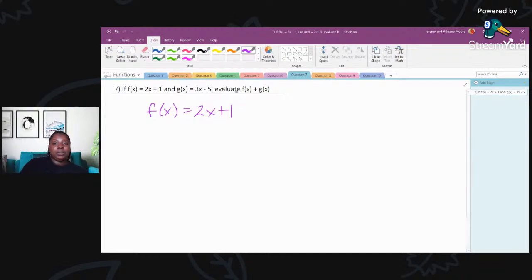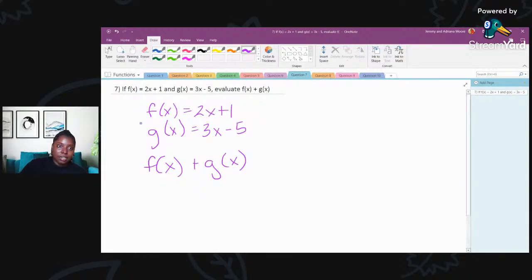F of x is 2x plus 1, and g of x is 3x minus 5. And they say, what is f of x plus g of x? So what are we going to do? We're going to add these two together. That's it. So instead of f of x, they tell me f of x is 2x plus 1.